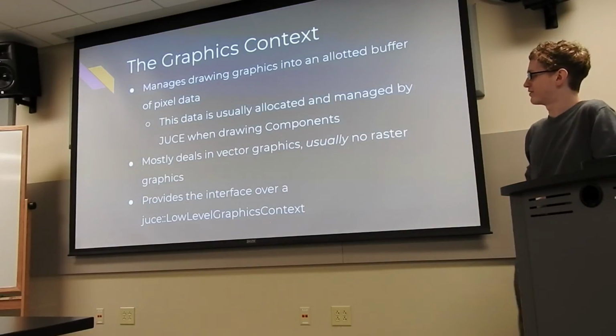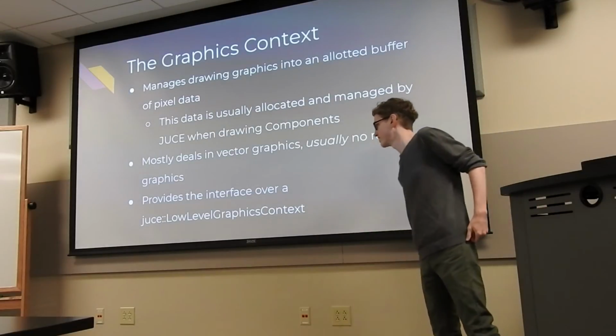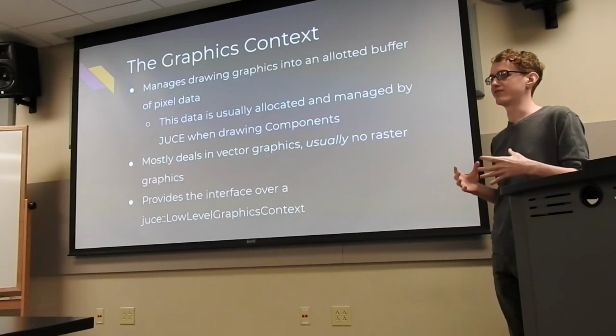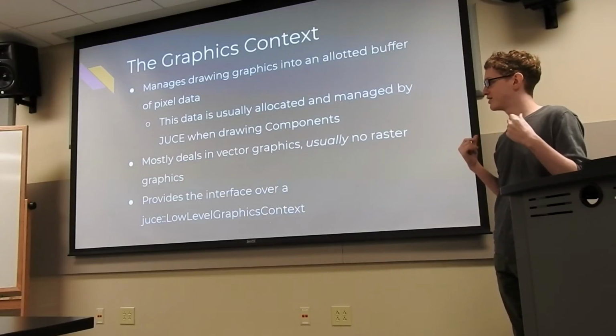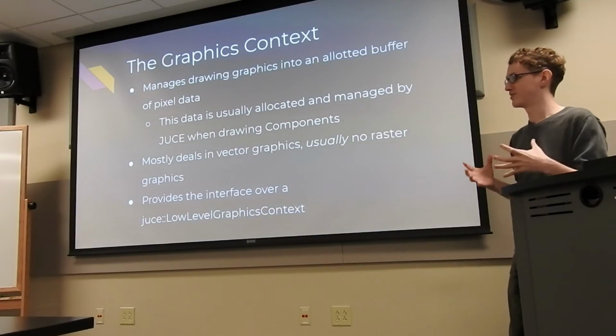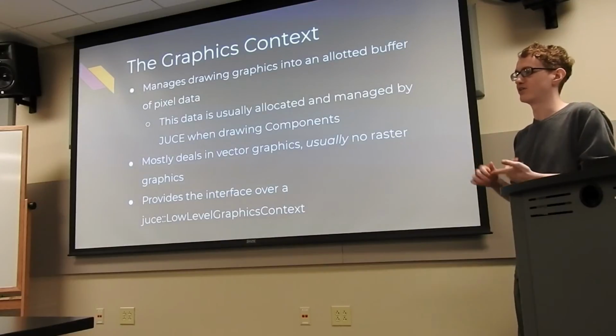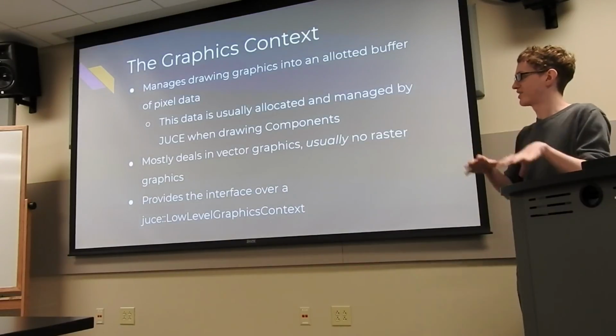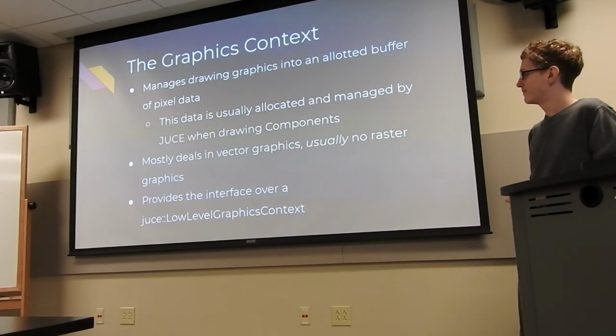The way it does that is the base is this JUCE low-level graphics context, and that is implementation specific. It handles the implementation of doing all of that path collection, rasterizing, and putting that on the screen.